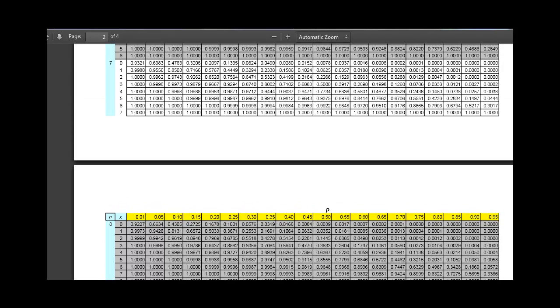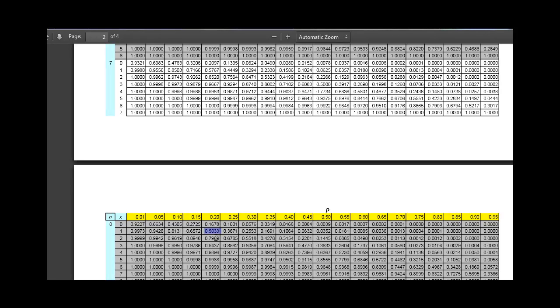If I go to the probability of 0.2, I would take the difference between this one and that one to get the exact value of 2. This should match what we did if you watched the video for the formula. So let's see if it does.